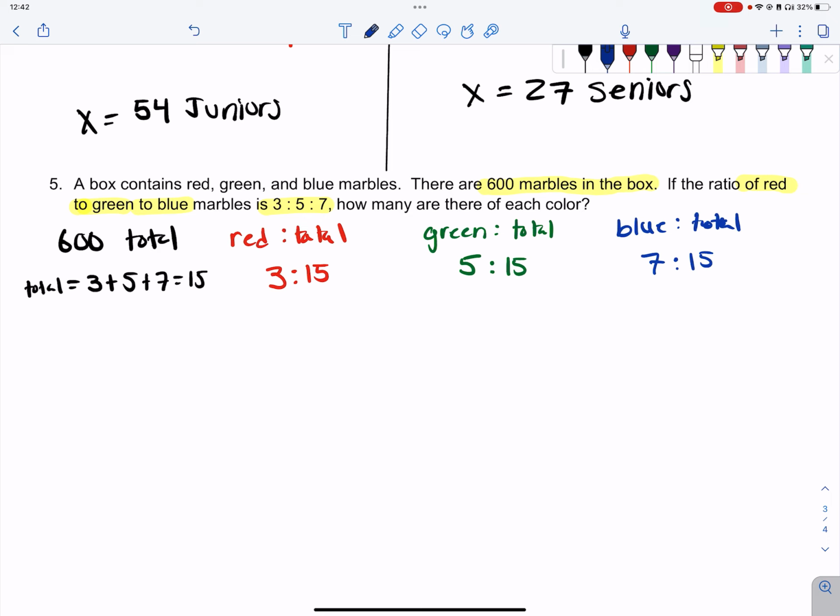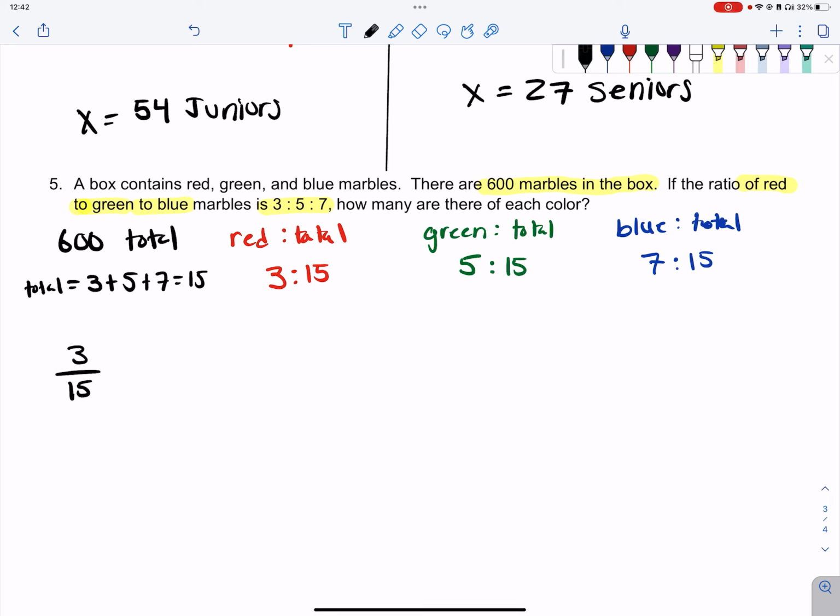Now we can set up our proportions. You're going to need 3 different proportions, one for each color, to figure out how many there are for each of the colors. I'm only going to set up the one with the red, and then you can try to set up the ones for green and blue. So for our red marbles here, we know that there are 3 out of the 15 for the ratio that we had been given.